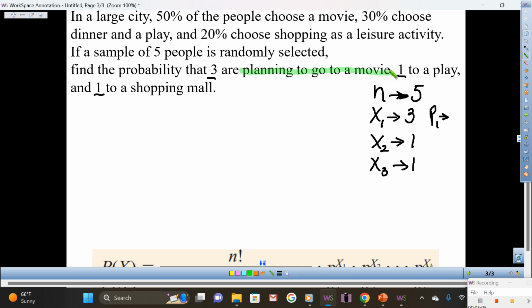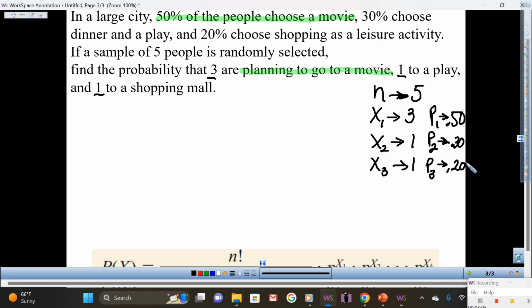What is that in percentage? Yes, 50. So how do we write that in decimal or fraction? 0.5. All right, so that's its corresponding probability. That means we need to find P2 and P3. Tell your neighbor what those are, please. And we got what? 0.30 and 0.20. Okay.